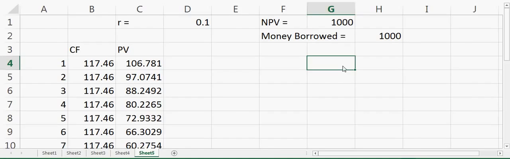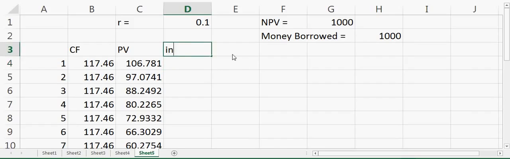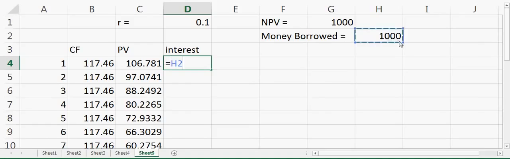At the end of 1 year he will be paying the interest on $1,000, right? And the interest rate is 10%. So we'll calculate the interest as principal times the interest rate. That is your $100, but he's making a payment of 117.